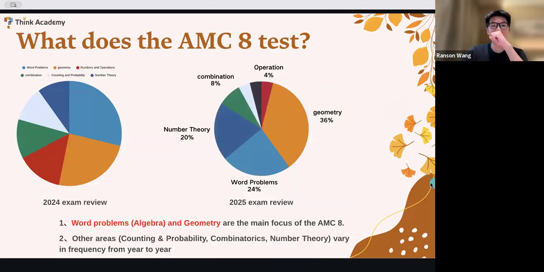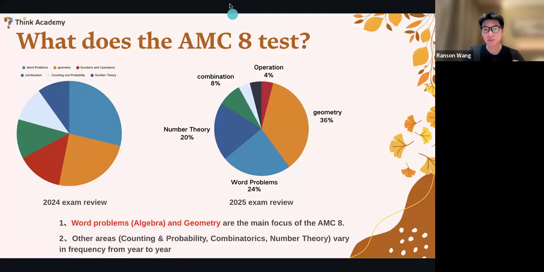And this is the specific analysis about the modules. Here I show you the 2024 and 2025 exam review. As you can see, the proportion of the types of modules tested in the MCA is very obvious.